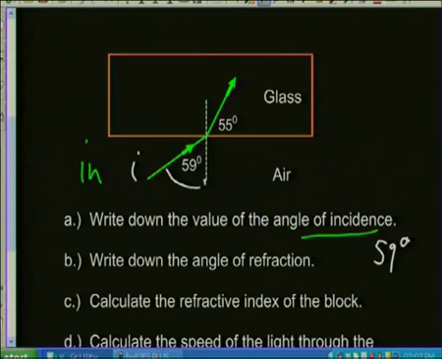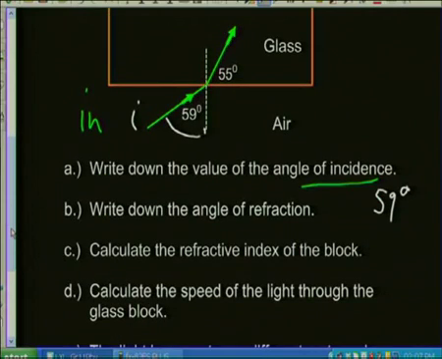Now, the second question tells us to write down the angle of refraction. Here we need to be very clear. When it's moving from air into glass, we recognize it is slowing down. So the beam bends towards the normal. The refractive index of glass is bigger than the refractive index of air.